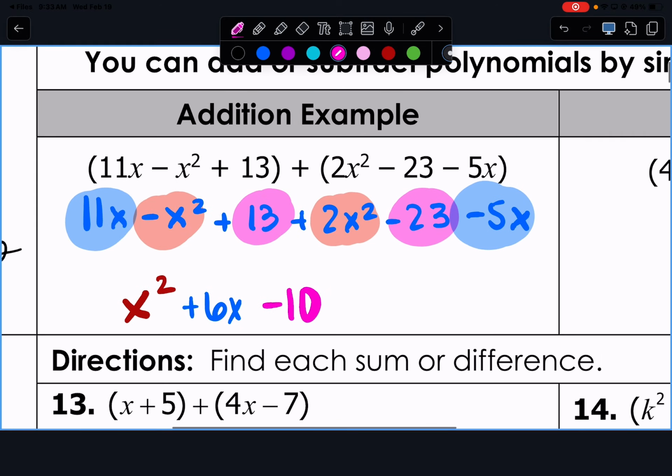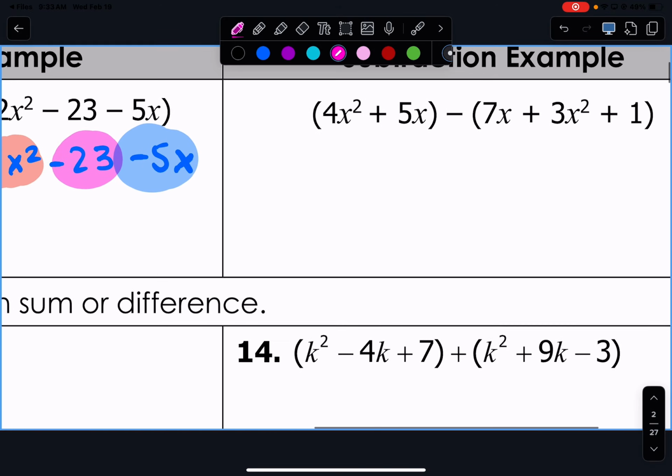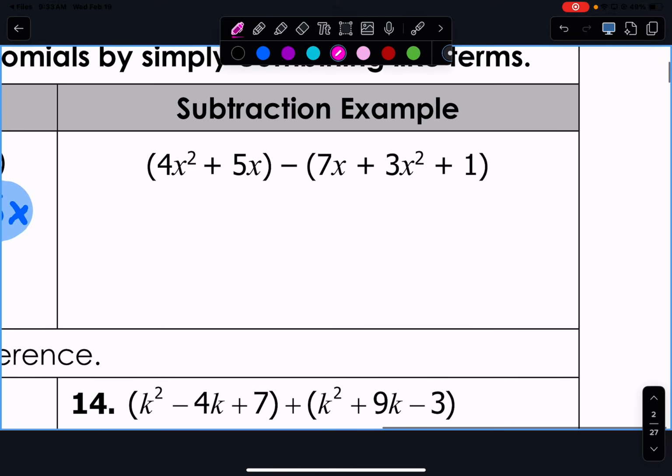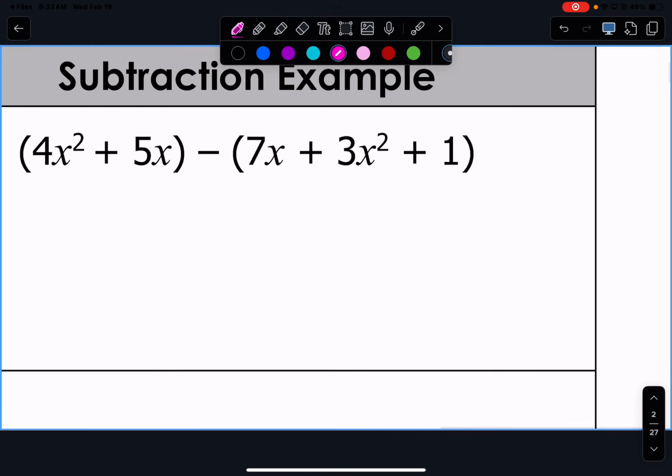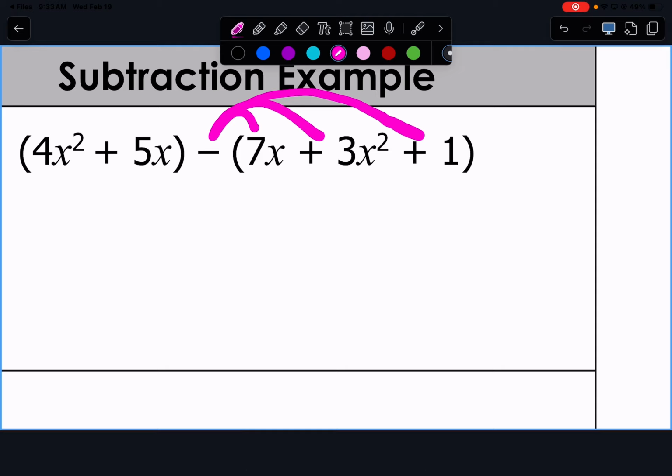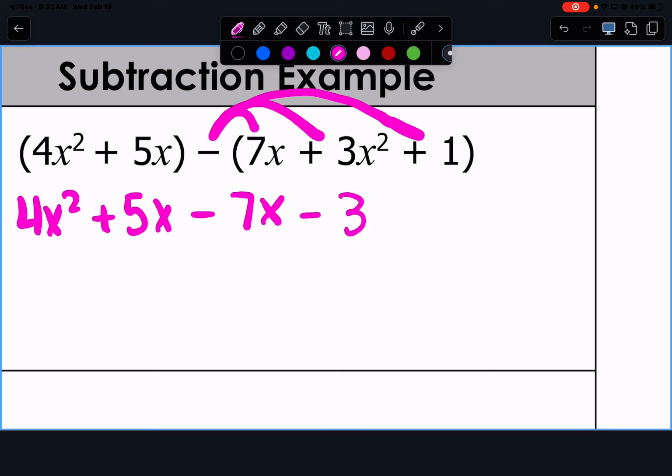Now, when we look at subtracting them, when we subtract, we have to make sure we distribute that negative sign to each term, because when we subtract, it can change sign. So we have 4x squared plus 5x minus 7x minus 3x squared and minus 1.